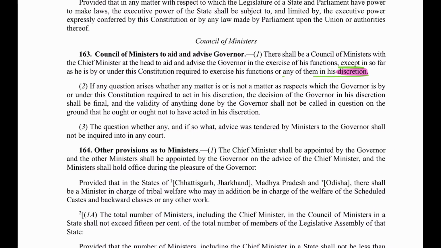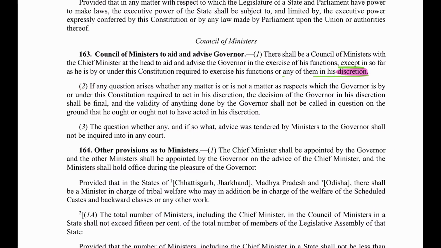The Governor, in situations where he has discretion, can work in his discretion. However, later the Supreme Court gave a clarification on this. I'll explain that in some time. Let us just finish the two clauses also, because this article is not that lengthy, so that you have the basis of comparison. Now the question is: who will decide when to act in discretion and when not, right?